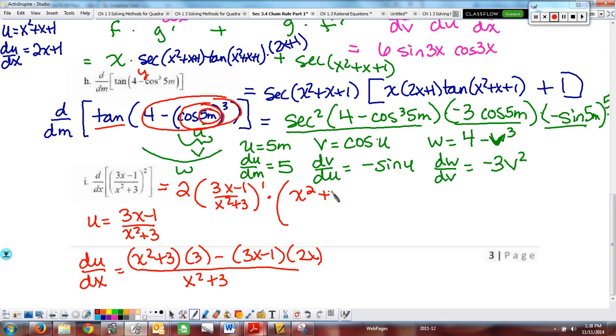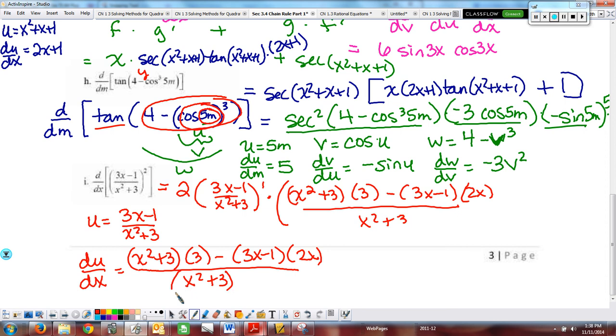We won't worry about simplifying right now. X squared plus 3 times 3 minus 3x minus 1 times 2x all over x squared plus 3, and I forgot to do low d high minus high d low over low squared, so I'll fix that right now, and that would be your derivative.